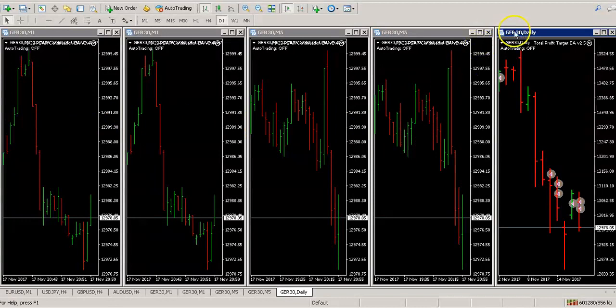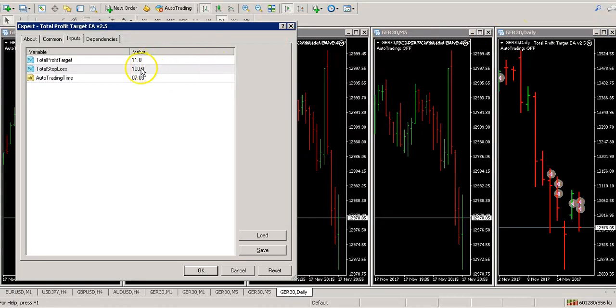But once you set this up, go in here, F7, and you can set in the total profit target that you want. But I would suggest, if you're going to be following the system the way it should be operated, because I've done some work on this and I know exactly how the DAX works through this, set it to 11.